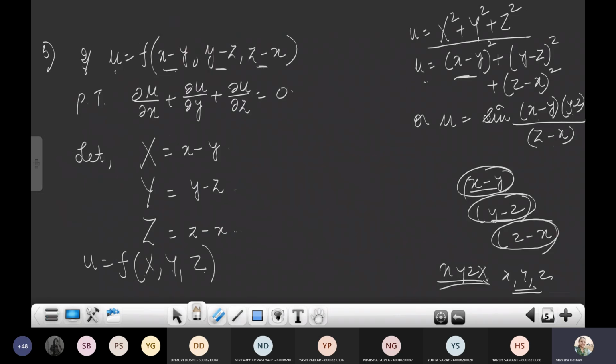So in this case, if we draw the tree diagram, then we can say that u is depending on big X, big Y and big Z. But अभी ये बीच में है, right? These are intermediate variables. Now these X, Y, Z, they must depend on all the variables below.